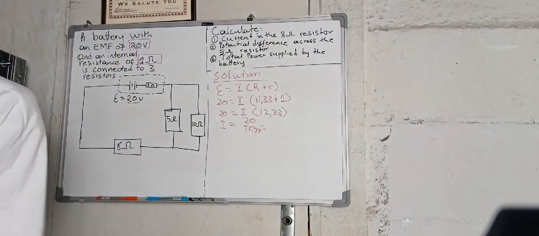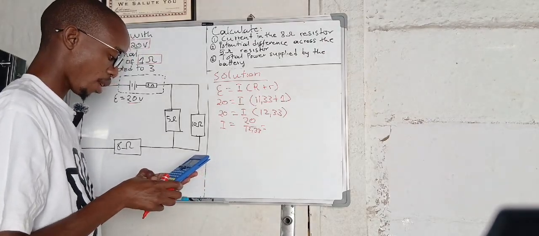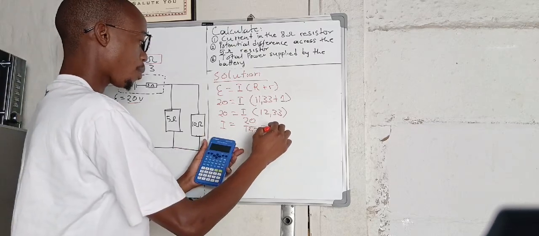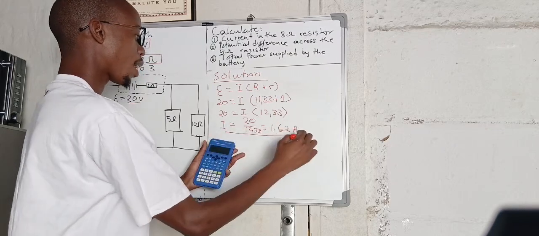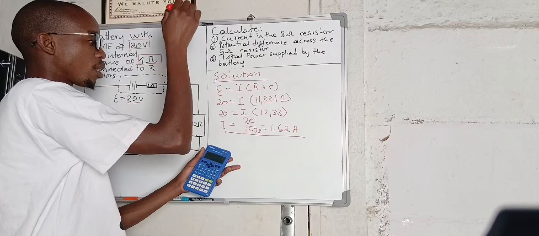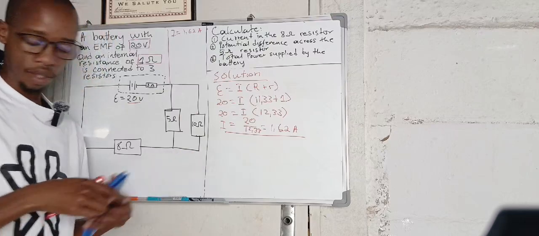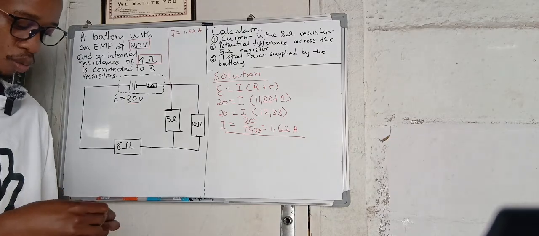On our calculator, 20 divided by 12.33 gives us 1.62 amperes. So that is our current. I'm going to write it here: I is going to be 1.62 amperes. Now let's proceed to question number 2.